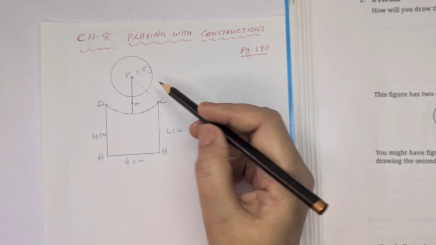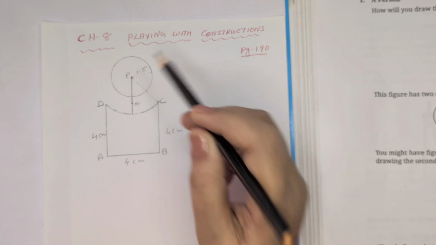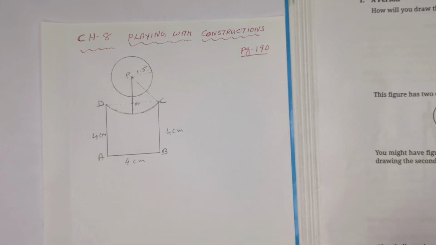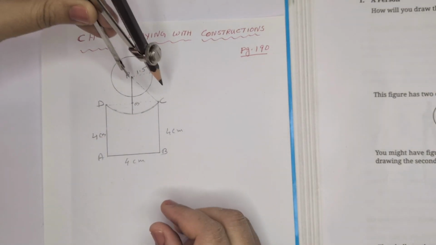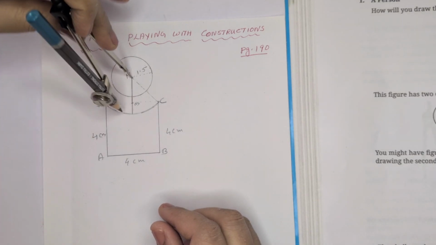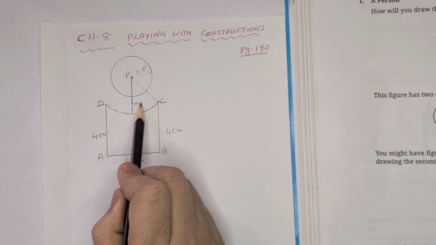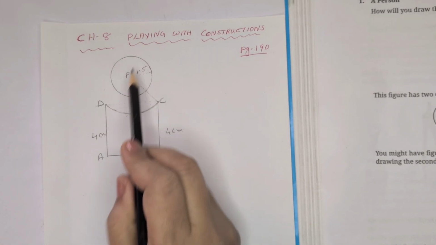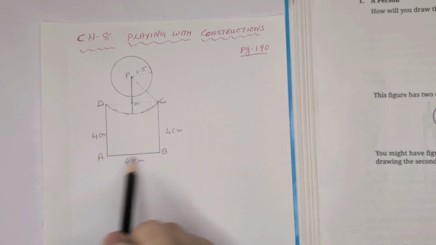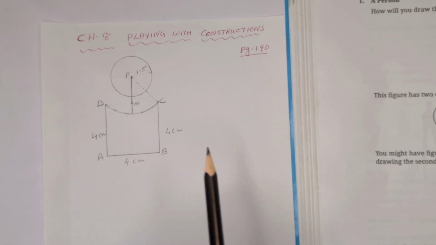And then take PC as the radius, P as the center, and draw the arc. You will get this arc. After that, remove all dotted lines and all the other points except the circle, the curve and the square part. So we will get the exact picture same as the textbook.